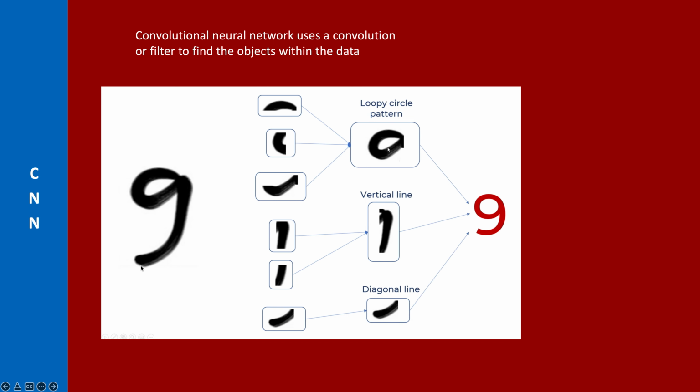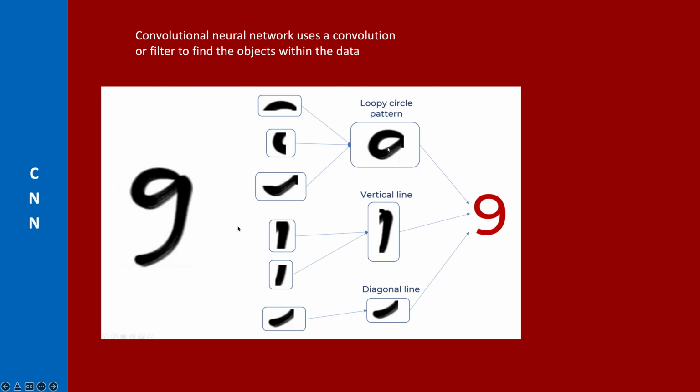So every 9 has this loopy circle at the top, then there's always this straight line. This diagonal line isn't always there, but mostly it is present. So this is how our 9 will be detected. We will first identify the head, the body and the tail, and if they are all there, then we will know that this is a 9.